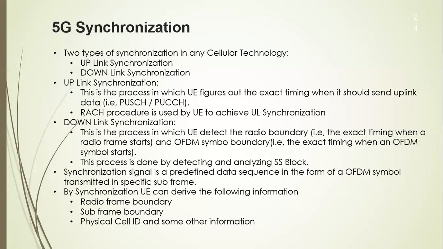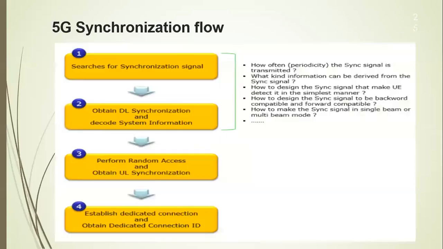These are predefined sequences so that any device compliant with 5G technology is able to detect these signals, read the physical broadcast channel information, and then acquire the system information. During synchronization, any device will attain the radio frame boundary and subframe boundary, be in time sync with the network, and come to know the physical cell ID where it is reading this information.